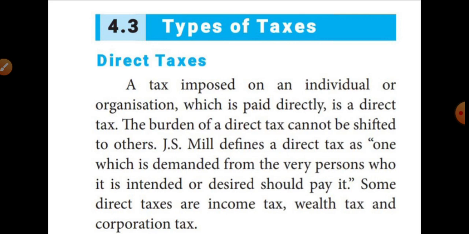The direct tax cannot be shifted to others. The burden means difficulty. The difficulties of the direct tax cannot be shifted to others. That particular person or organization compulsorily has to pay the taxes directly. Then J.S. Mill, one of the important economists, defines direct tax as one which is demanded from the very person who it is intended or desired should pay it.